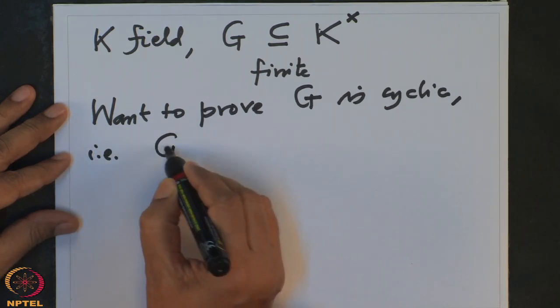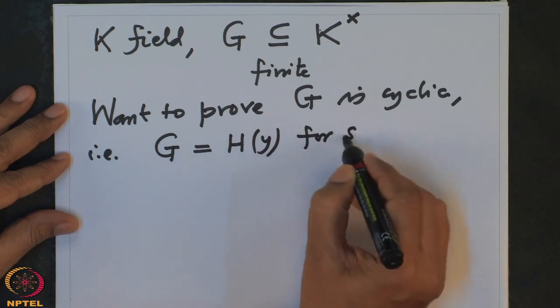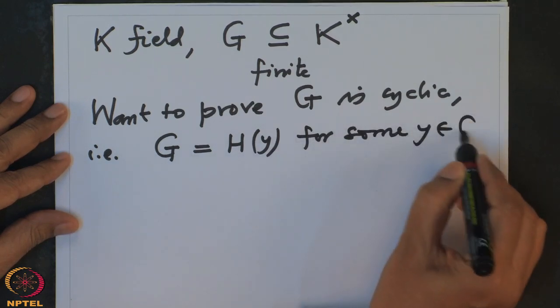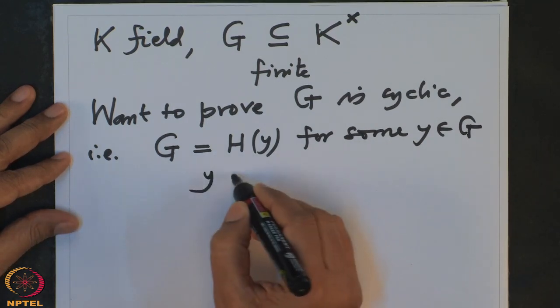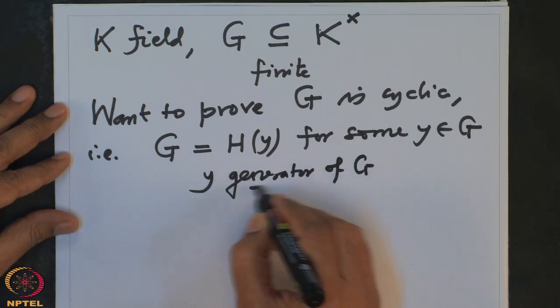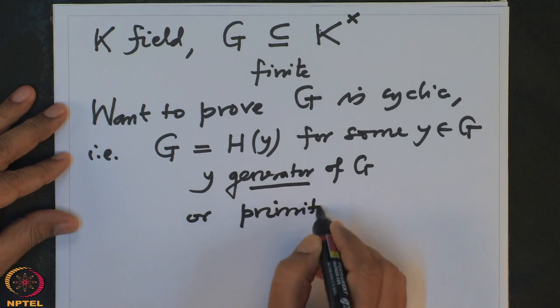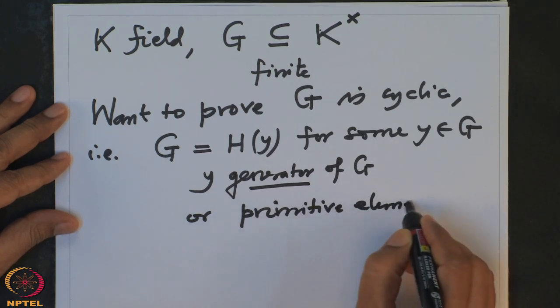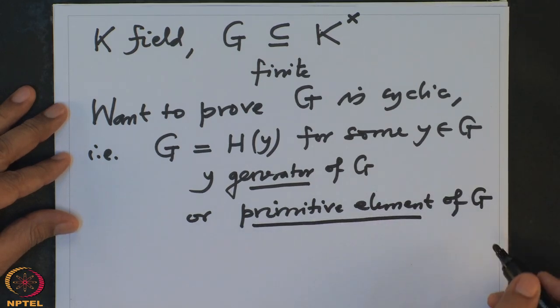That is, in our notation, G is H of Y for some Y. Such a Y may not be unique, and such a Y is also called a generator of G, or also called a primitive element of G. So a cyclic group has a primitive element, and there may be many primitive elements. This is what we want to prove.